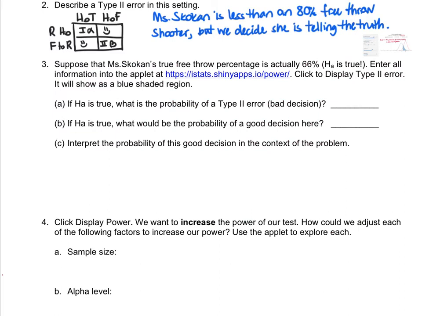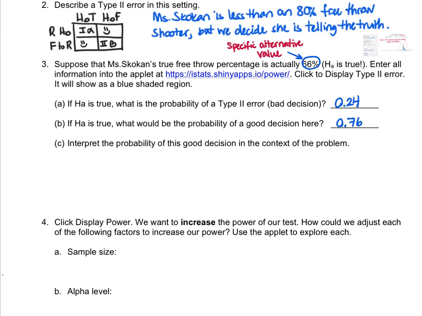So what we did is we used a very specific true alternative value. And we found that if the alternative hypothesis is true, that it is 66%, what is the probability of a type 2 error? We found that that was 24%. And what would be the probability of a good decision or correctly rejecting, or power?